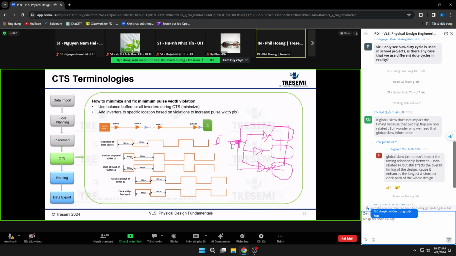But that's not necessary to address what you're thinking of, which is, can we reduce the skew? The answer is no, don't do that manually. Reduce the skew by using the CTS tool, and it automatically reduces the skew for you.